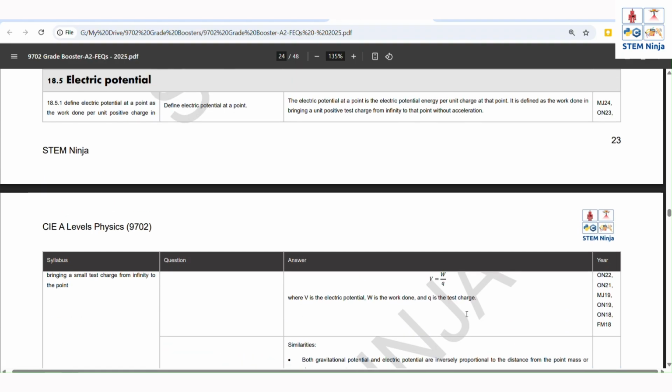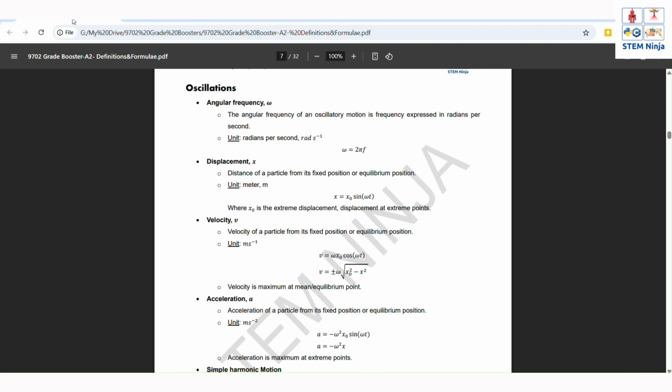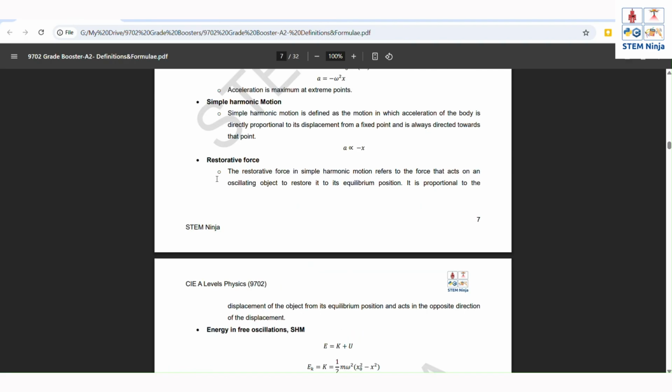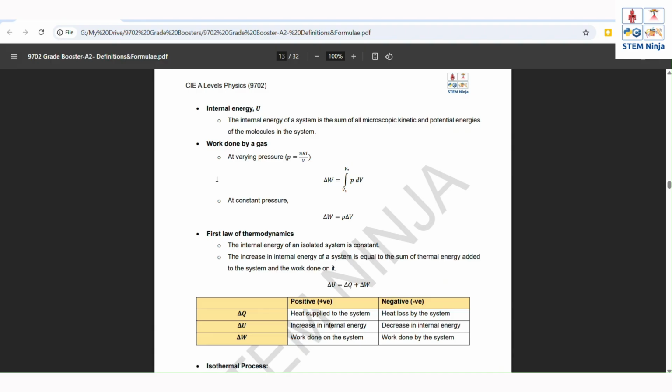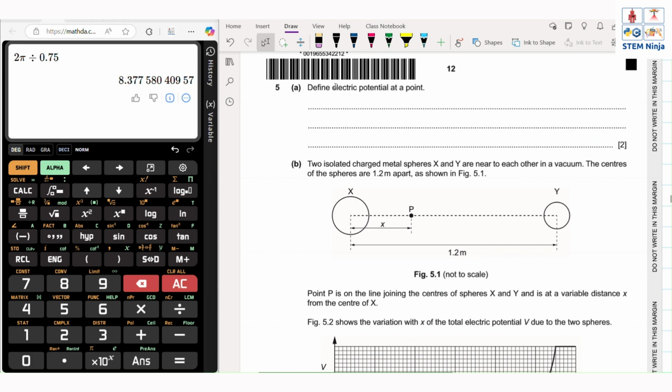Work done per unit charge in bringing a unit positive test charge from infinity to that point. The definitions also say the same thing: work done to move a unit positive charge from infinity to that point. So choose a simpler one.